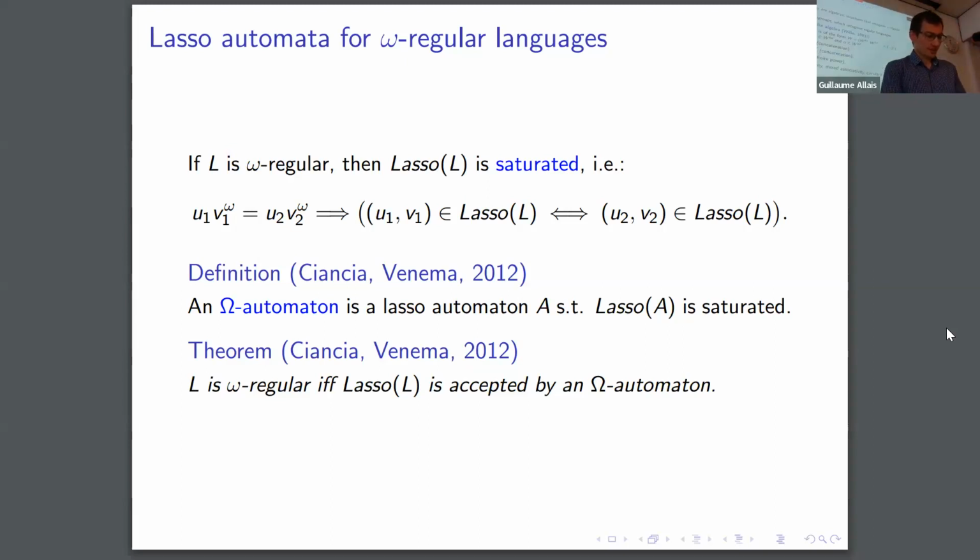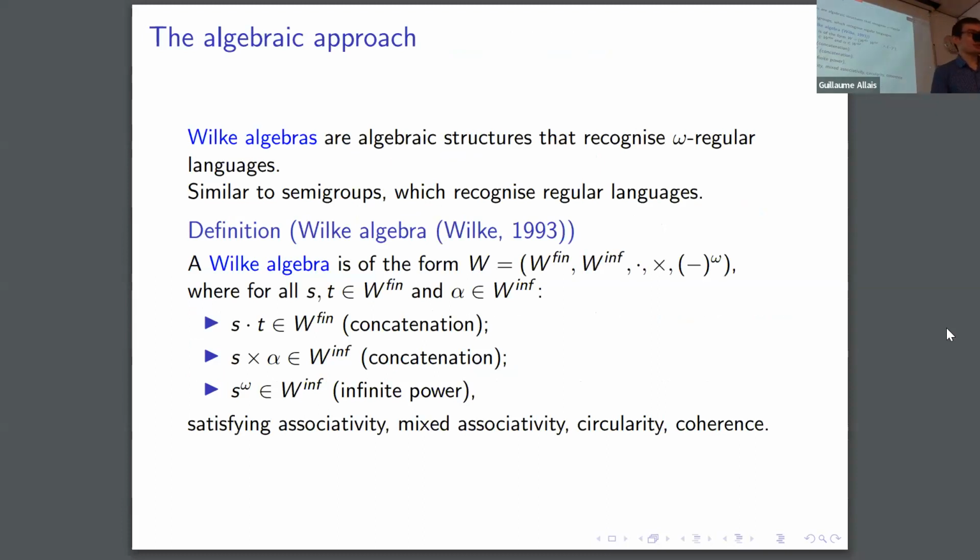Okay, and now something a bit different. I was talking about the automata way to recognize omega regular languages, but there's also an algebraic way. If you are familiar with the way that semigroups can be used to recognize regular languages, we have similar structures for recognizing omega regular languages.